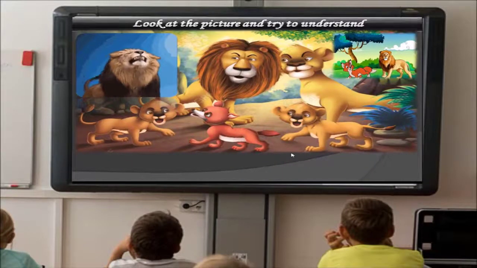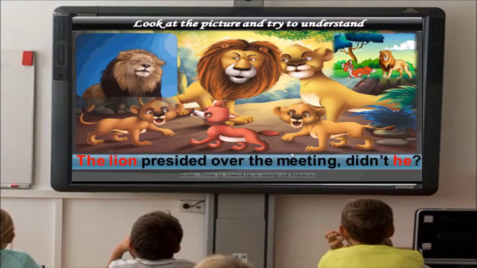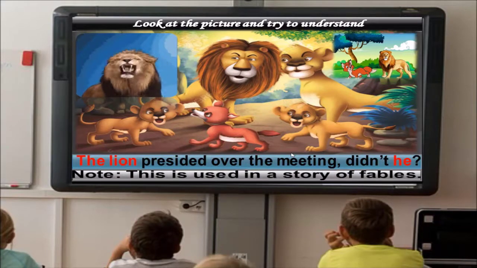Okay. Look at the picture and try to understand. The lion presided over the meeting, didn't he? Note. This is used in a story of fables. Okay. So here the lion is a creature and he plays an important role as man.